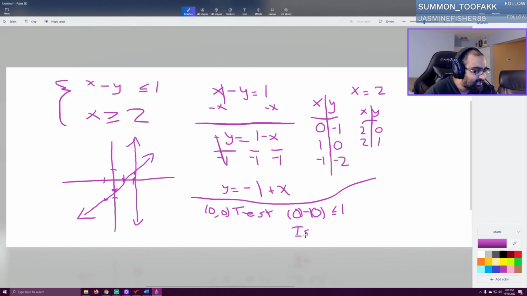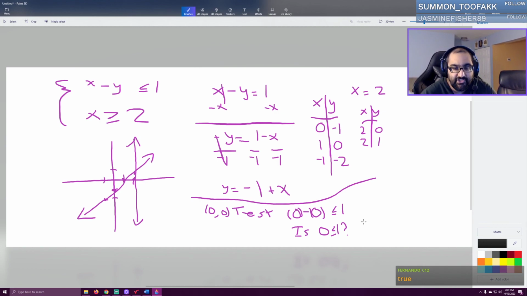So again, is 0 less than or equal to 1? Is this true or false? That's correct. The answer is definitely true. Okay, 0 is less than or equal to 1.